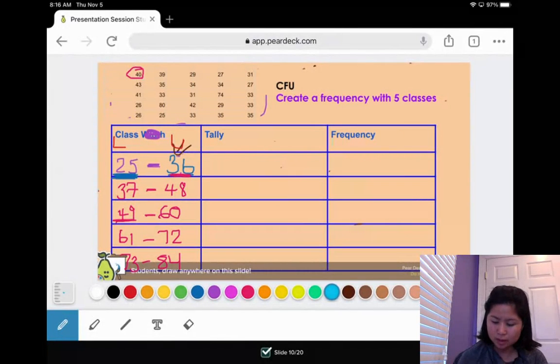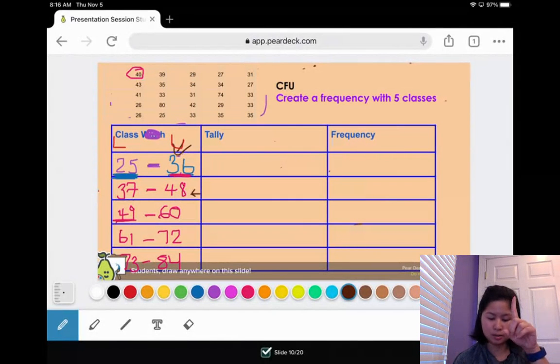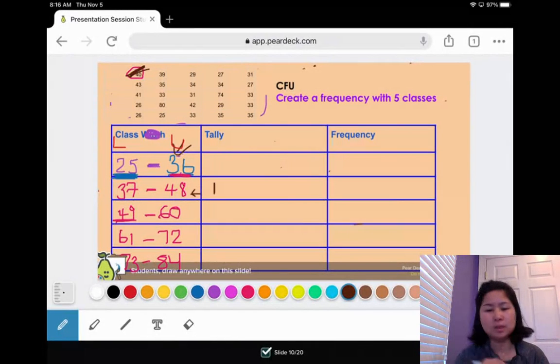So 40 belongs here. So what I would do, I count it as one entry. So there's one number in this group, which is 40. How do I track it? I cross it out so I don't have to go back and use it again. So just take a minute, just cross it out, right?